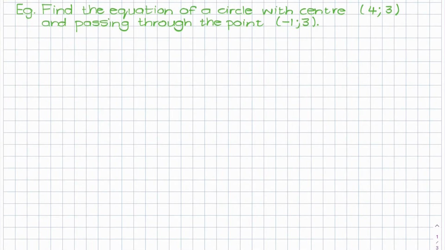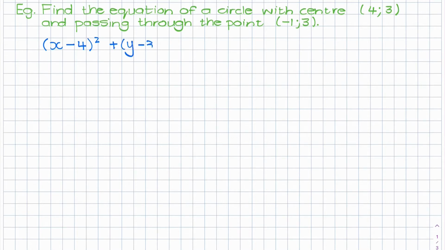In this example, we are given the center of the circle, (4, 3), and we are told that it passes through the point (-1, 3). So we're not given the radius here. What we can do, first of all, is substitute in the center of the circle into our formula. We always substitute in the center with the opposite signs.